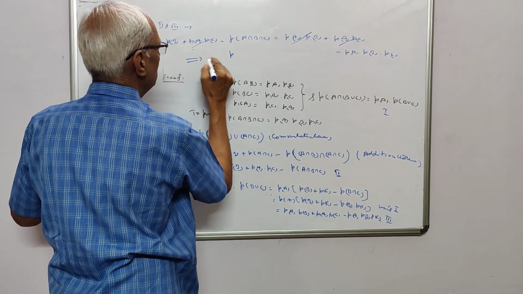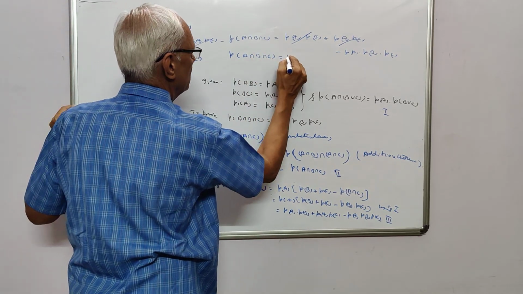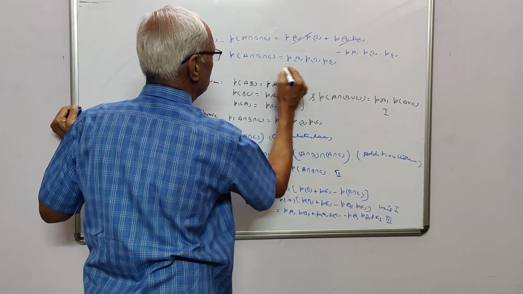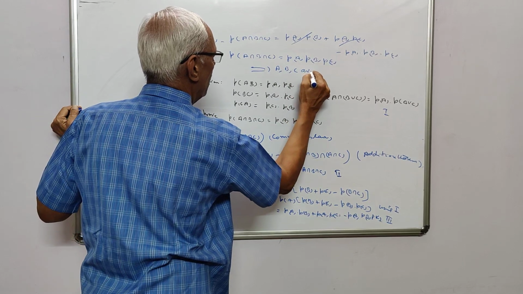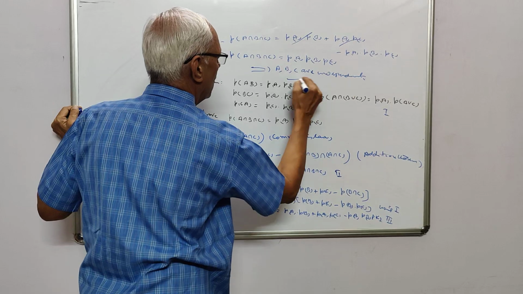So this gives P of A intersection B intersection C is equal to P of A into P of B into P of C. This implies A, B, C are independent.